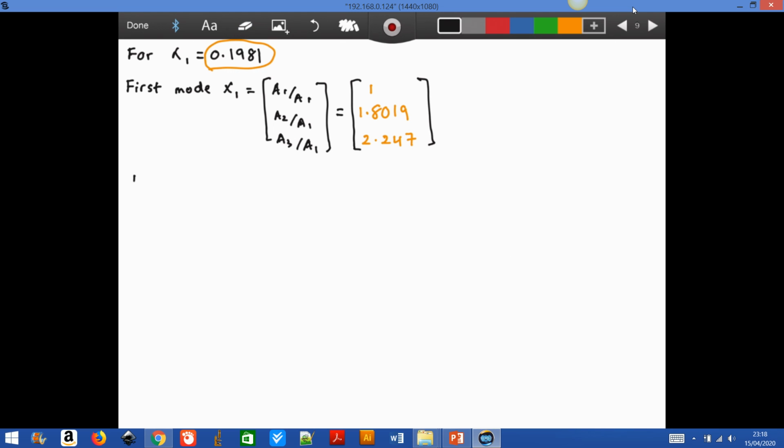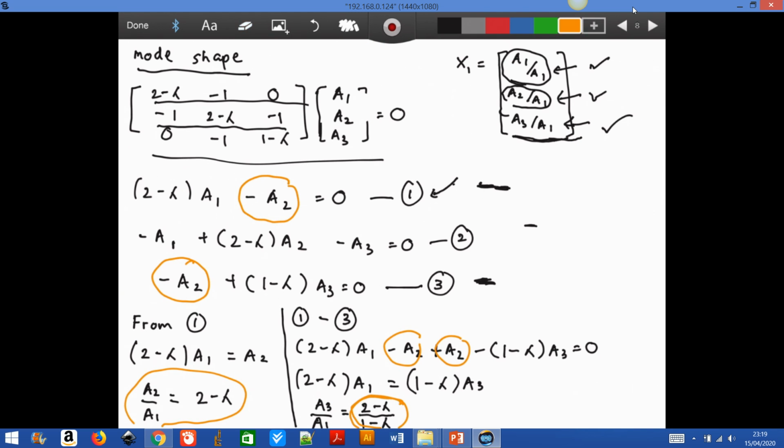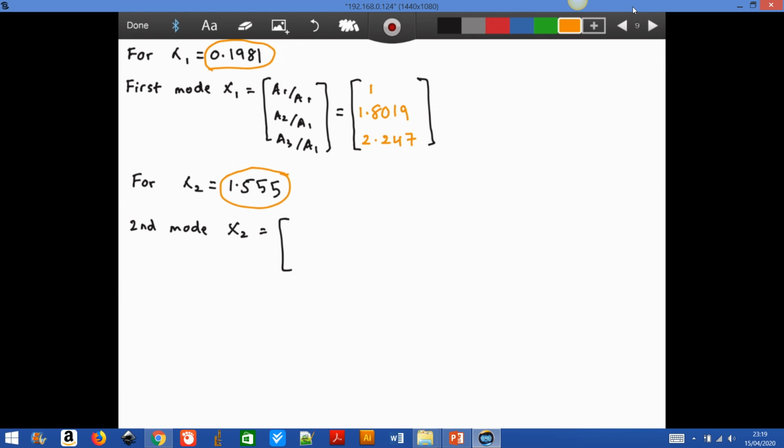For the second mode shape, we need to use the second lambda, which is lambda 2 equals 1.555. So the second mode, x2, is equals to, replace again this value in this equation. Straight away you will get the value 1, 0.445, negative 0.801.